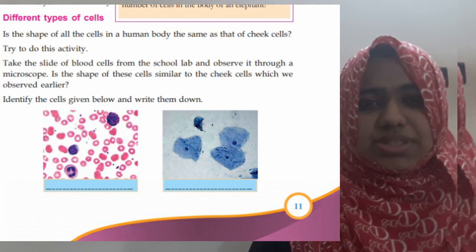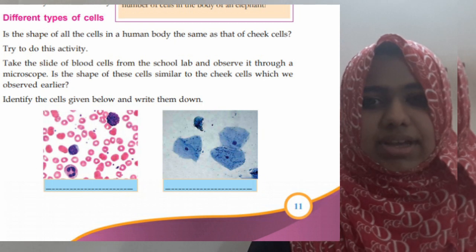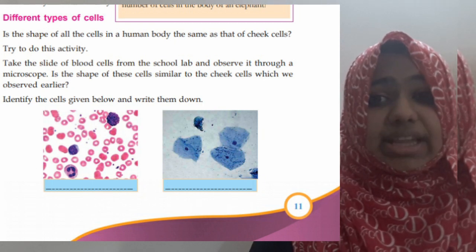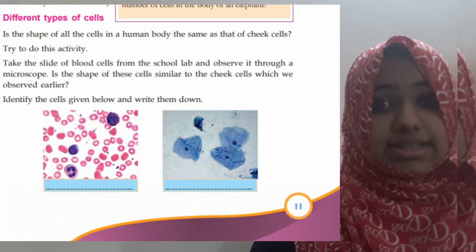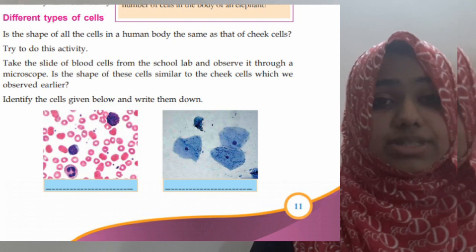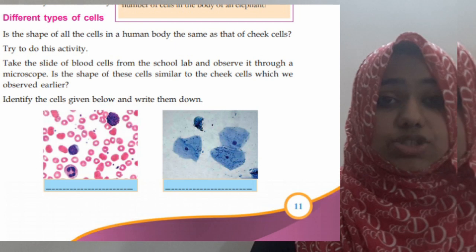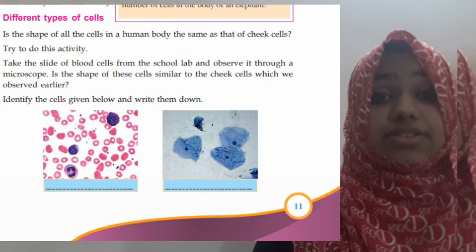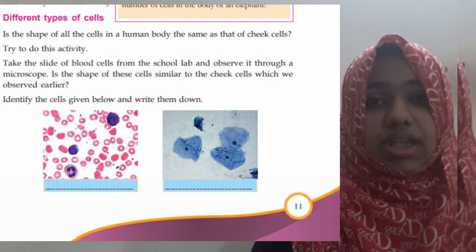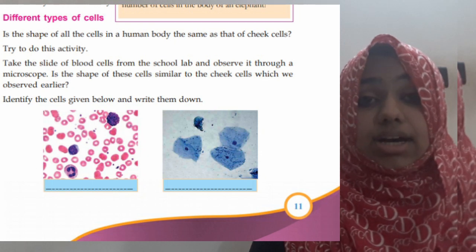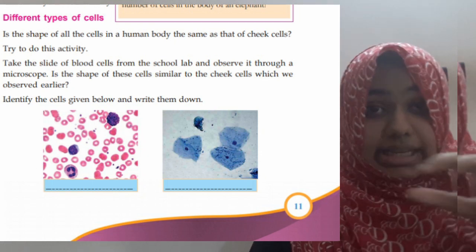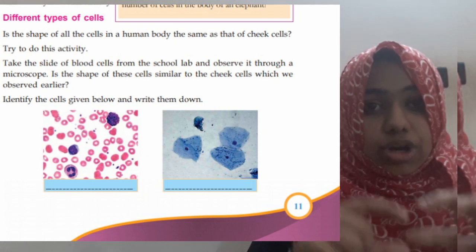Again, there is an activity given. Okay, what does it say? Take the slide of blood cells from the school lab and observe it through a microscope. Is the shape of the cells similar to the cheek cells which we observed earlier? So here they are saying in our school lab there will be a slide with blood cells.